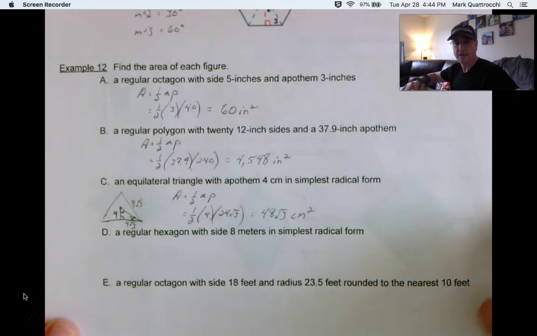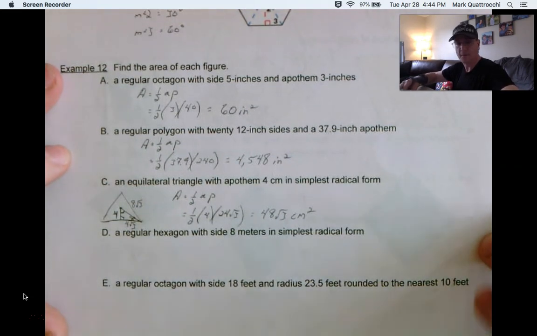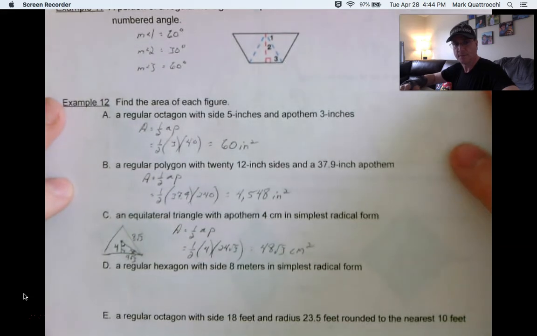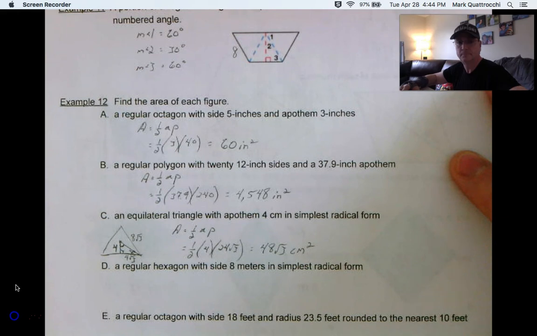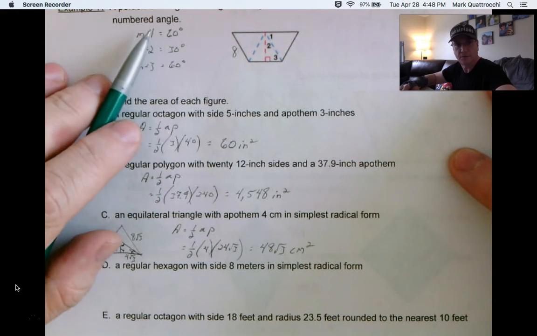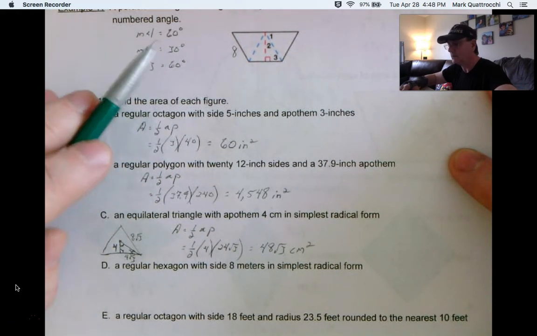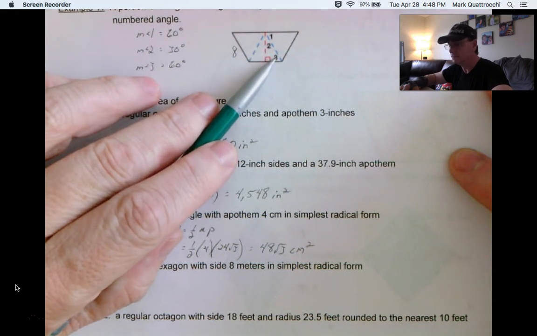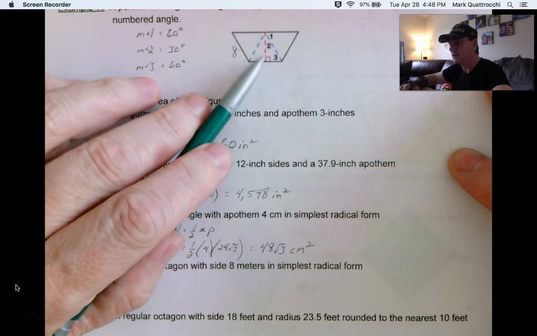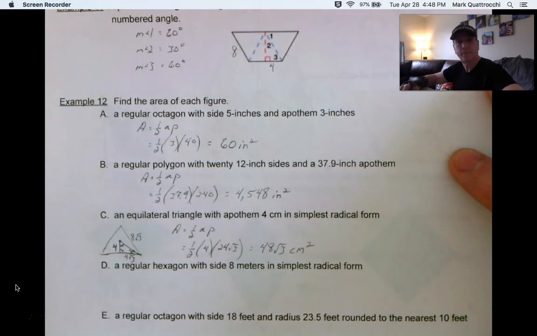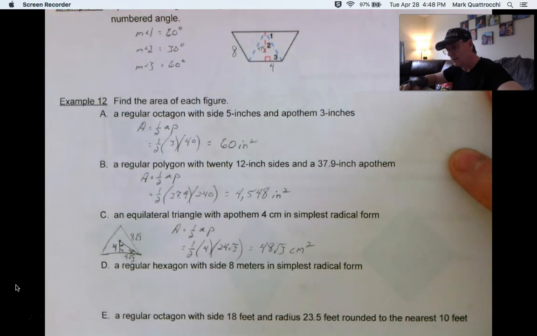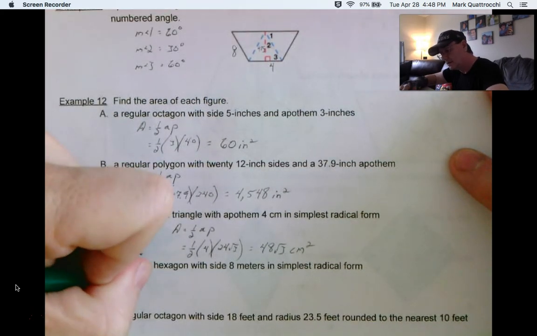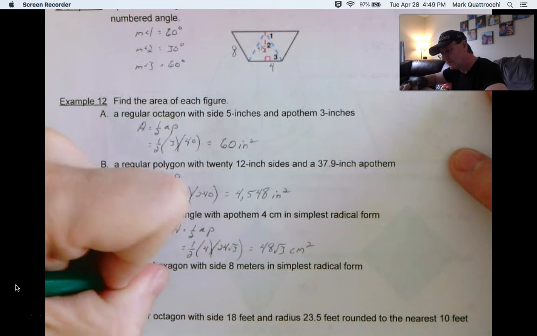A regular hexagon with side 8 meters in simplest radical form. Now, I'm not going to redraw this one because I've got one up here. Sides 8 meters. Since it's a hexagon, these angles don't change for any regular hexagon. So it's a 30, 60, 90 right triangle again. This is going to be 4, because it's half of the 8. This is going to be 4 square root 3, which gets us area equals 1/2 AP.